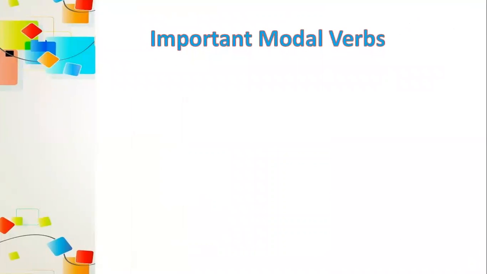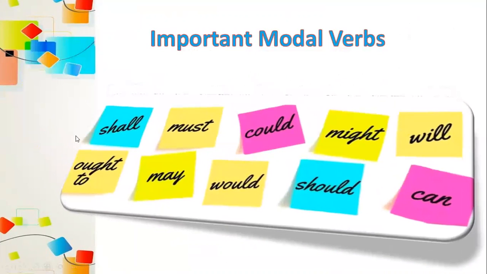Let's have a closer look at some important modal verbs that are used in English language. Shall, must, could, might, will, ought to, may, would, should, and can. Now we will discuss these modal verbs one by one.